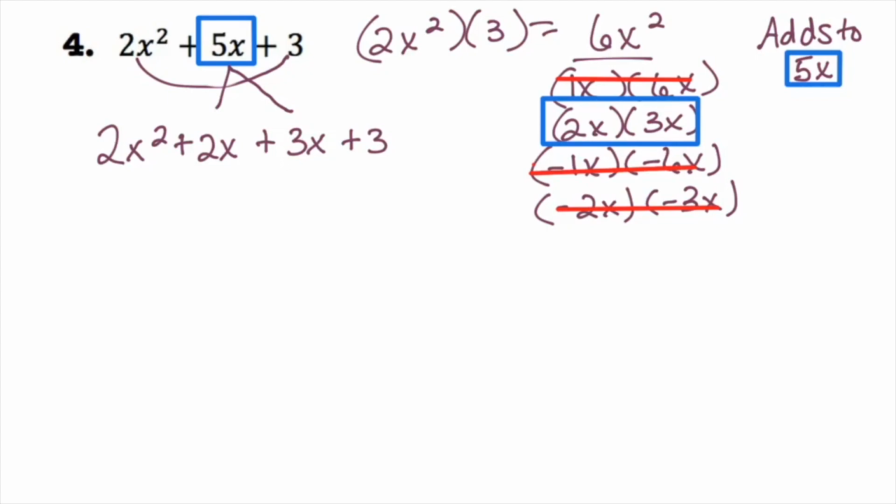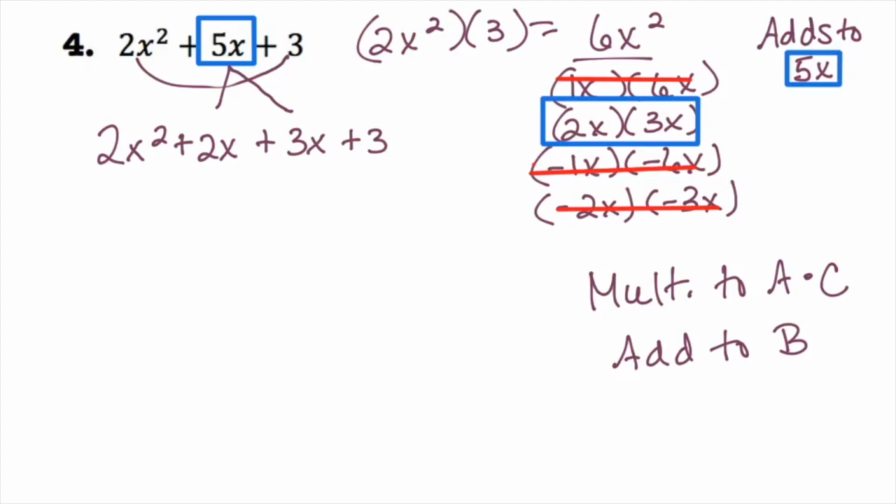So we're not just randomly finding 2 numbers or 2 terms that add to be 5x. We actually have to find that they meet both situations, multiplying to be a times c and adding to be b. So if you just want to remember, multiply to a times c and add to b. So that's the 2 terms you're trying to look for.